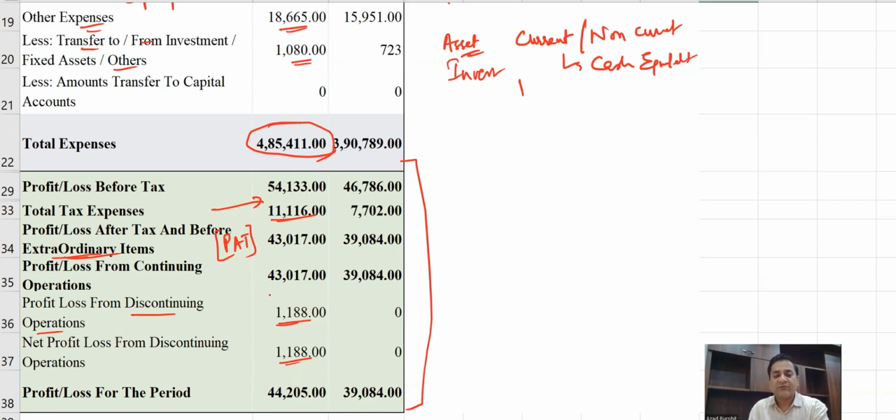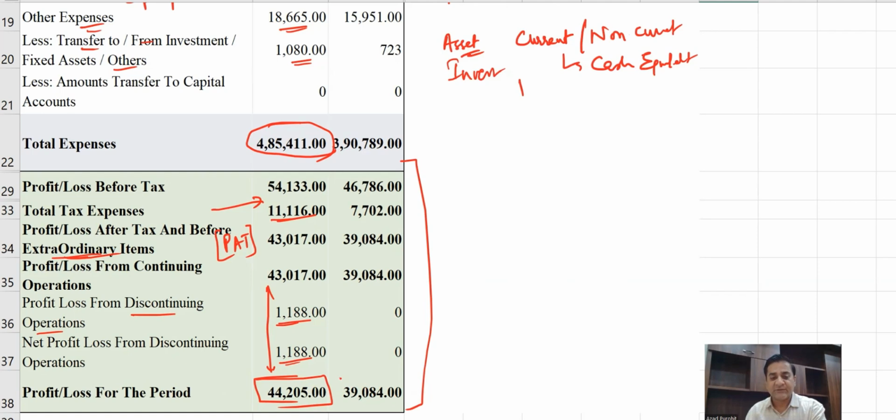So we add that to this profit. And what we are left with is the net profit for the year after all the adjustments. All the adjustments means the tax adjustments and the transactions from discontinuing operations. So this would be the profit of Reliance Industries after making all these adjustments, right?